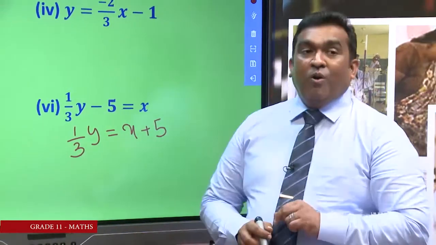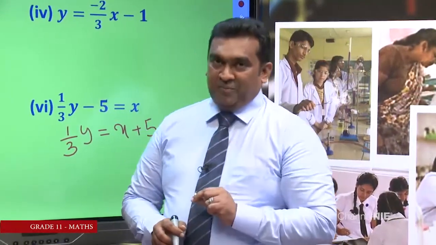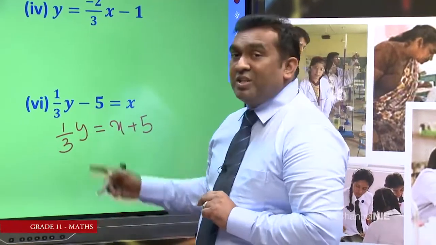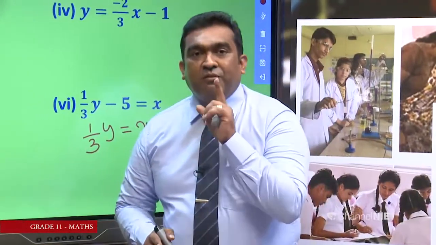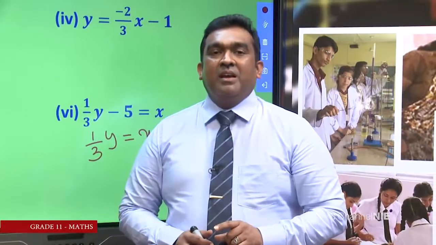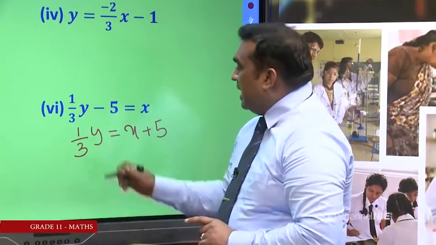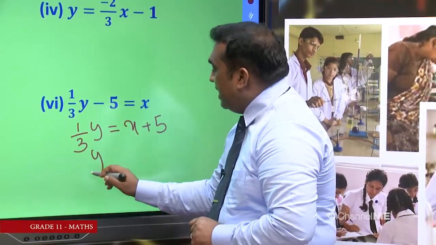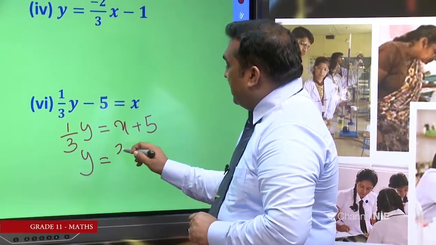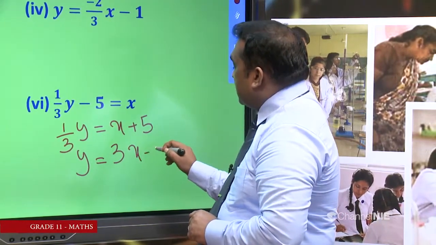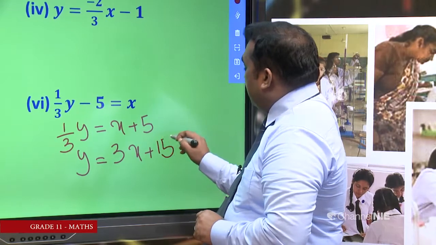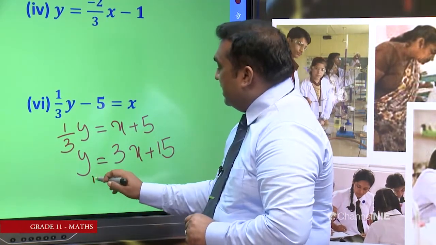Now multiply the whole equation by 3, because the condition is the coefficient of y should be 1. Then multiply by 3, then y equals 3x plus 15. Then what is the gradient?